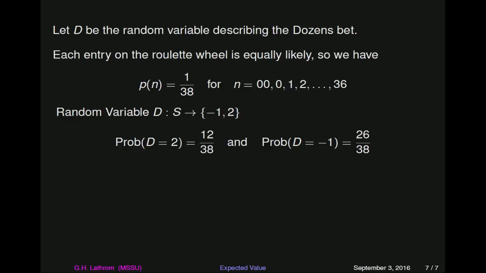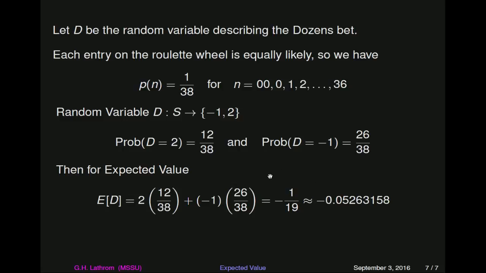And so for one of those 12 possible values, we've got 12 over 38 for actually winning. The probability of losing is going to be the complement of that, so 1 minus 12 over 38 gives us 26 over 38.